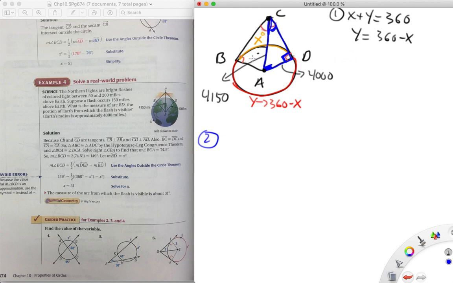Well, I can use trigonometry, and from this angle's perspective, it's opposite over hypotenuse.